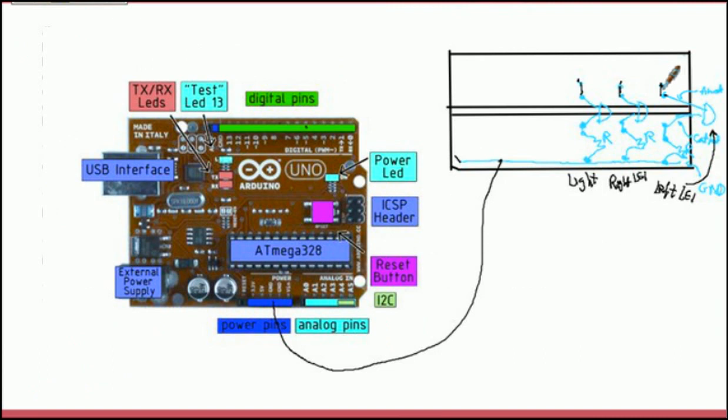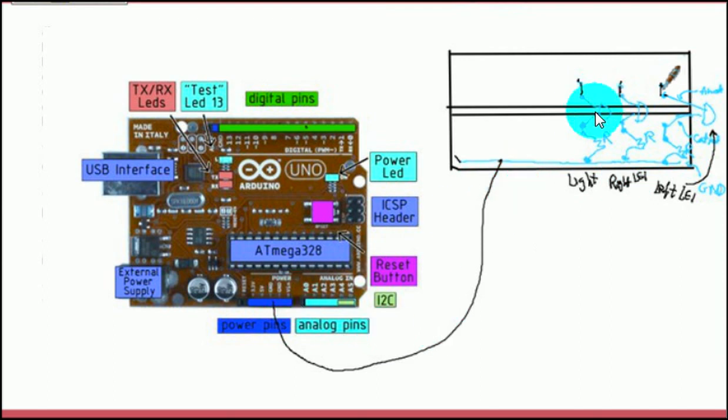Here I show how I connect the LEDs and switches. Of course, you know that I have 3 LEDs. Each LED is connected through a proper resistor to common ground, and the other side goes to the Arduino.